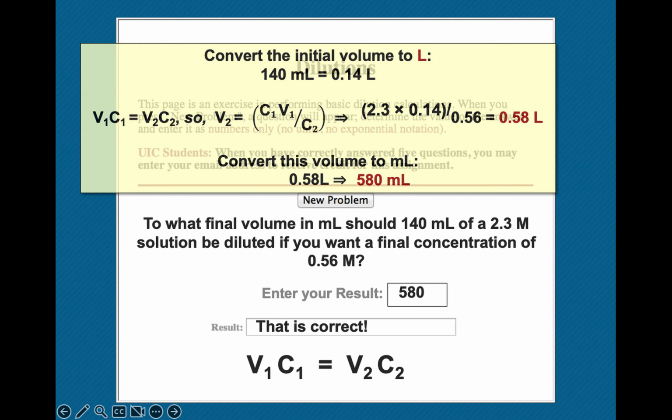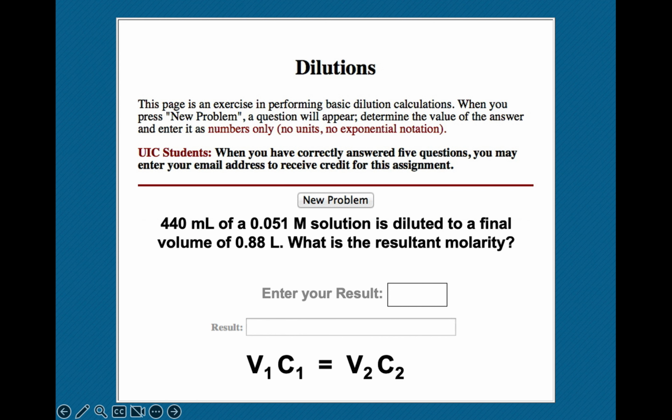One more. 440 mils. That's V1. That's C1. Diluted to a final volume of 0.88 liters. We need to make this both the same units, and we're looking for C2.